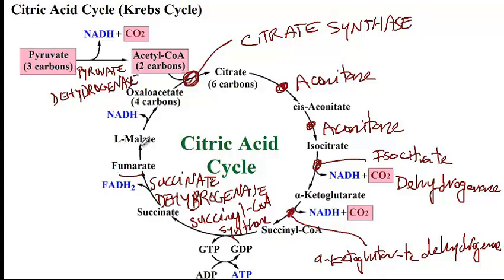Fumarate into L-malate is being done by fumarase. And then malate into oxaloacetate is being done by malate dehydrogenase.